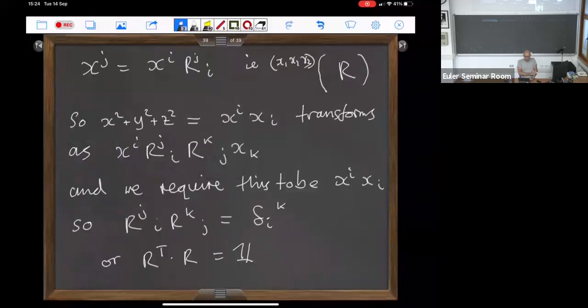Similarly, for the transformation of the row vector, the row vector is just the transpose of the column vector.